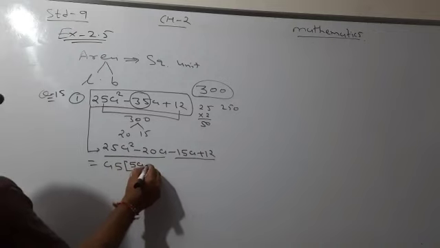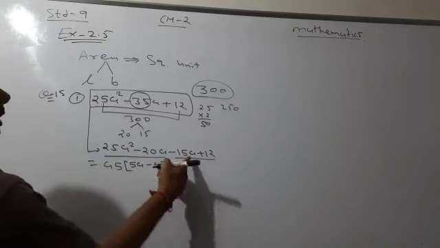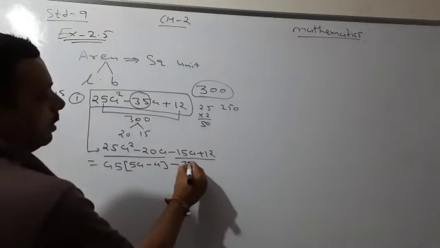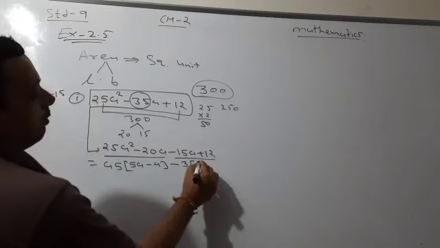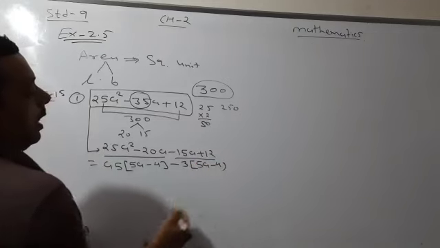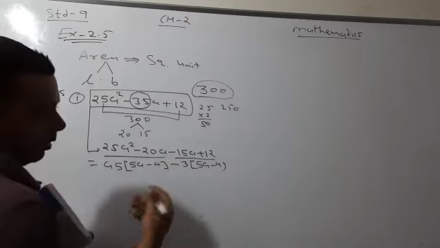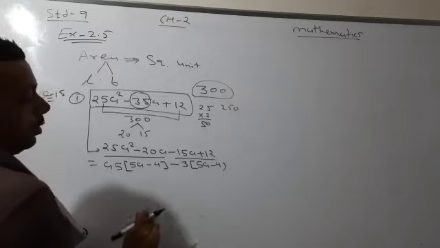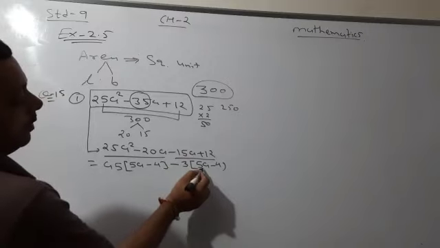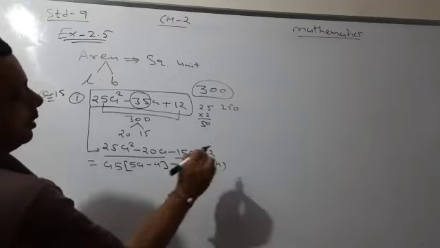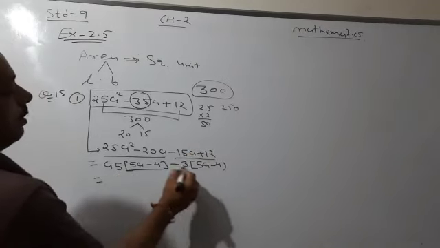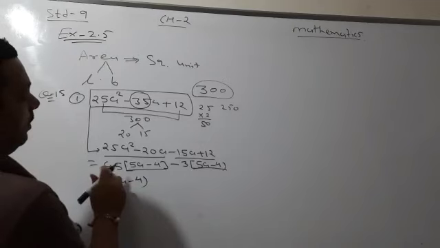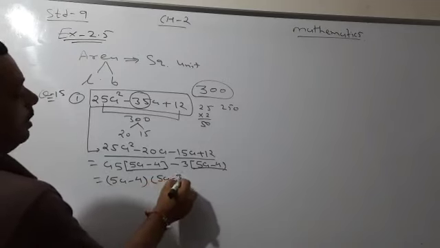What is left is 5a minus 4. In the same way, from 15 and 12 we can take 3. What is left? 5a minus 4. Why is it minus 4? If you have confusion, you can multiply this inside the bracket. If you get this, then it is okay. See, minus 15a, and minus of minus plus 12. So it's true. Now again, 5a minus 4 is common, so the left part is 5a minus 3.